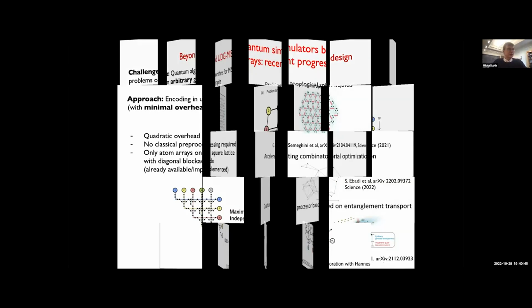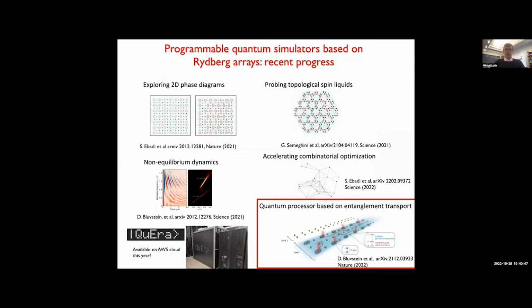So in the last 10 or so minutes, I would like to switch gears a little bit and talk about digital quantum processing. And again, I'd like to focus on a new architecture here, which will utilize the ability to move atoms and rearrange them at will.